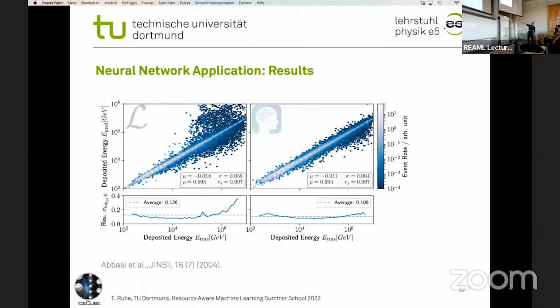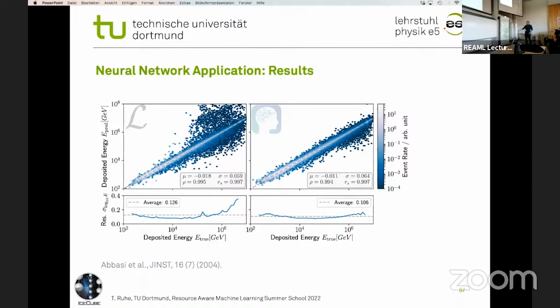This is the energy scale in any case, and you can see that although the likelihood reconstruction does relatively well for the low energy, it just spreads out in the end, right? If you would have looked at the mean and the standard deviation, this is not too bad, but you have a relatively large amount of events that end up clearly falsely reconstructed.